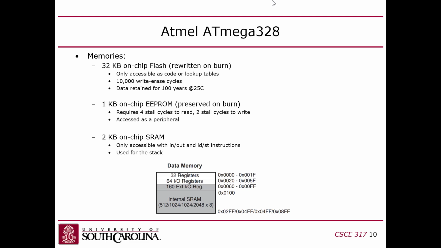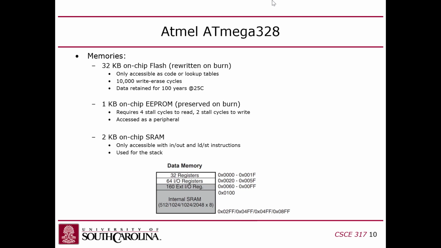If you want to do fast lookups, you can store that in the flash. So in other words, if you wanted to build a lookup table that would approximate a transcendental function, like a natural log or a sinusoid or something like that, you could store that in the flash and just access it like a lookup table.